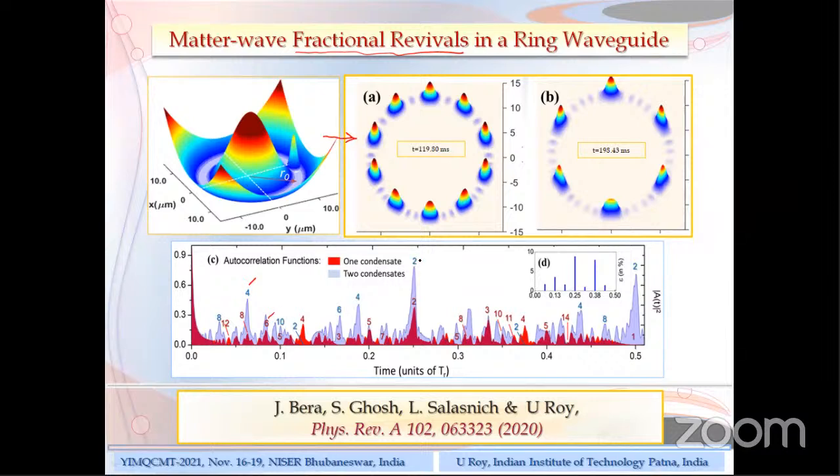So when you go to half of the revival time, you get the condensate split into 2 mini condensates, and they look similar but smaller in size because of the conservation of probability. So these are the numbers, and then you can identify that all these larger peaks are responsible for different fractional revival instances.